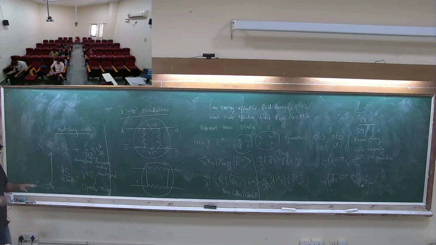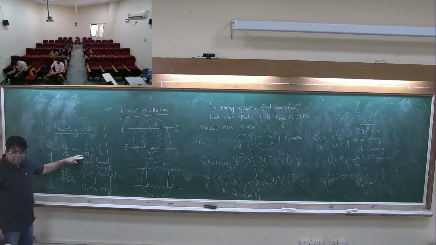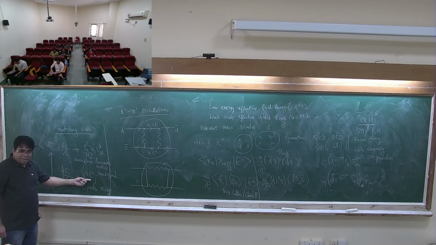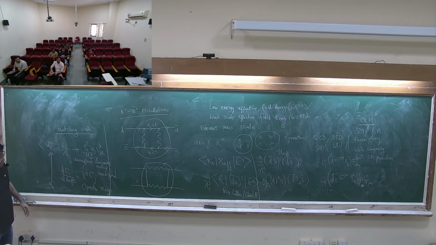Now this is tree-level matching roughly, and 1-loop RG equations. You can do much more. You can do 2-loop RG for this and 1-loop level matching here.